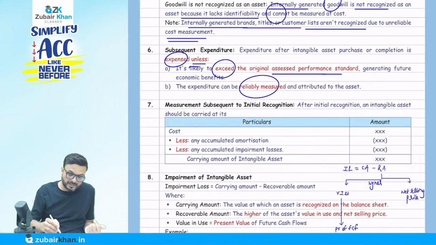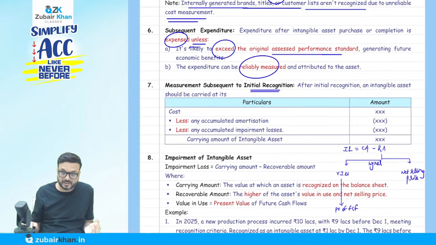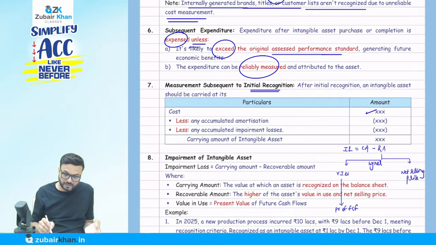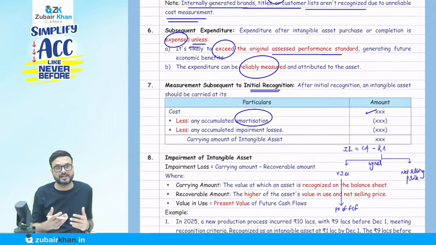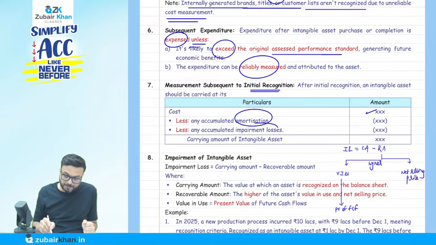Then they talk about measurement subsequent to initial recognition. Initially we recognize the cost, and then we deduct the accumulated amortization, which means depreciation, but for intangible assets we use the term amortization. Then we deduct any accumulated impairment loss. Impairment loss is covered by accounting standard 28, which I will record soon.